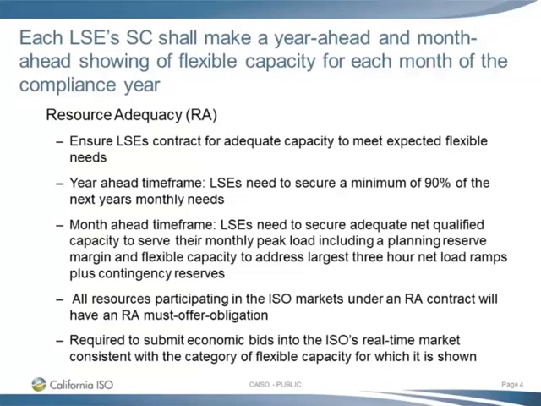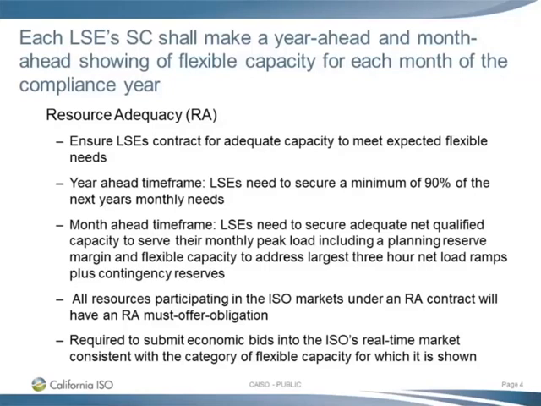So, year-ahead time frame, and the reason why we do this again is to make sure LSEs, scheduling coordinators, make a year-ahead and a month-ahead showing that they acquired adequate flexible capacity. So year-ahead, LSEs need to secure a minimum of 90% of the following year's monthly flex capacity needs.